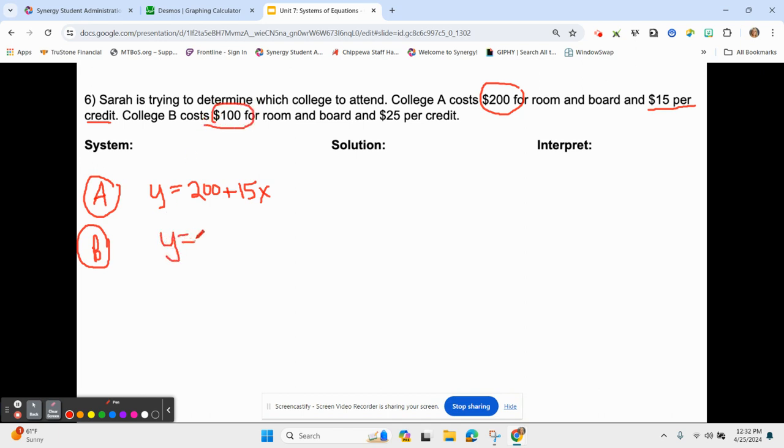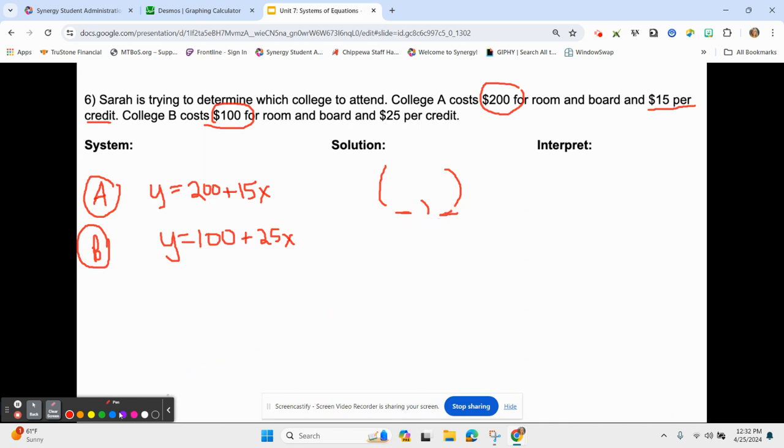Y equals $100, plus you are charged $25 per credit. And so again, I want you to use Desmos here. You are going to plug in both of these equations, and you are going to look for the solution. What's my x? What's my y?